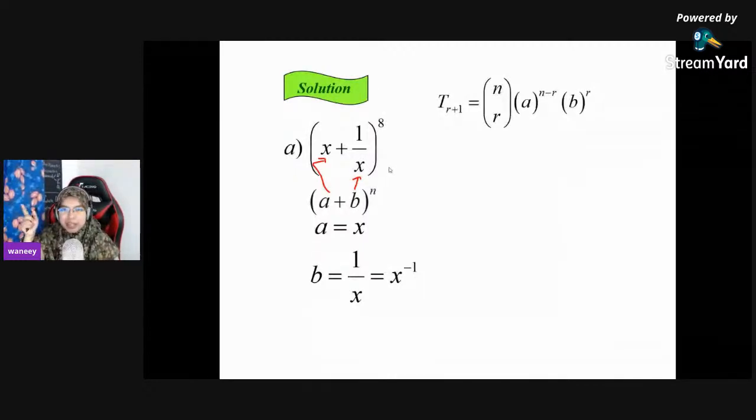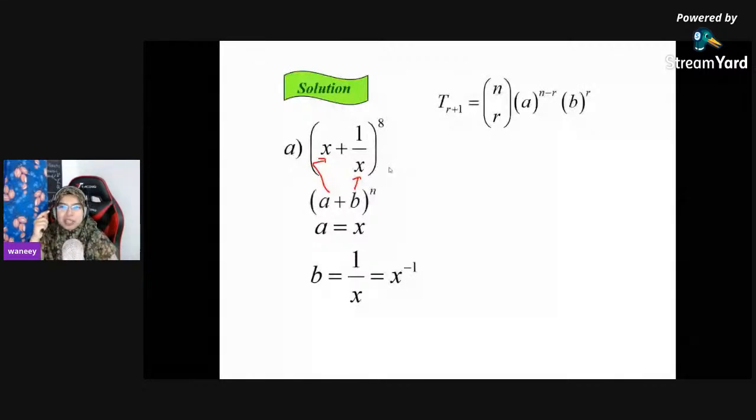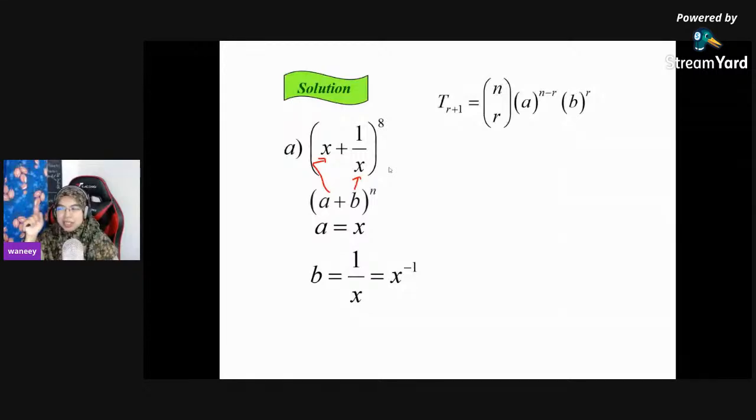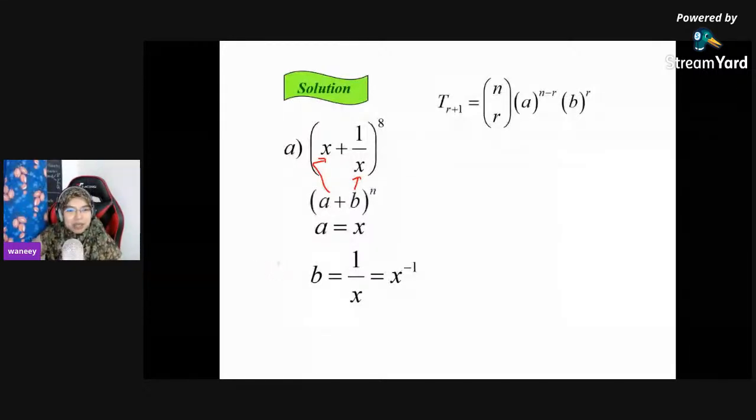I do find that if I have x in the denominator, it will be much easier if I bring them up, so that when we apply the power, I can easily multiply the index. So this is a hint over here. If you have some fraction, do remember to bring the x up, and then don't forget to put negative. Okay, so that is for b.